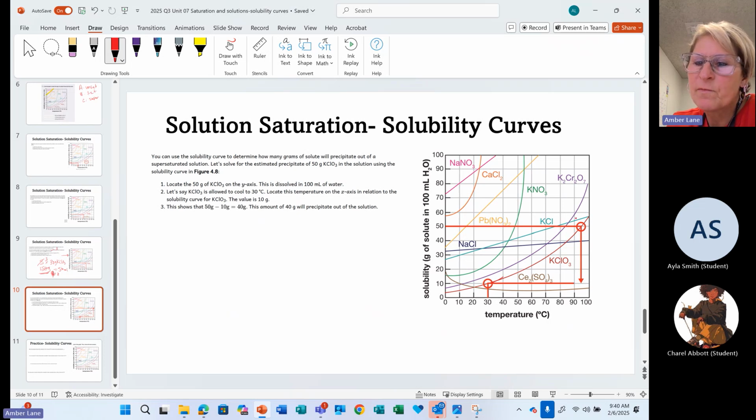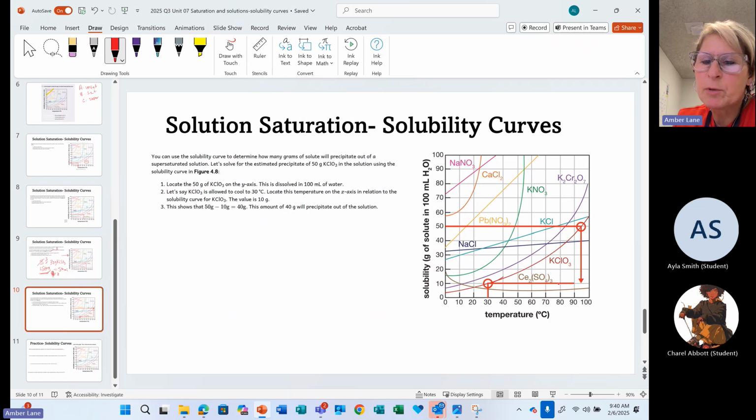So right up here, 50 grams at our original temperature. And then if it cools down to 30 degrees, we're just going to find the difference between the two. So we start with our 50 grams.